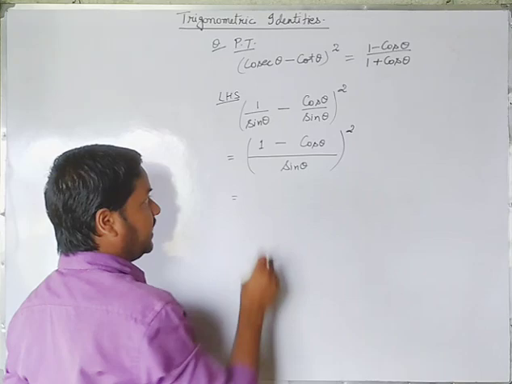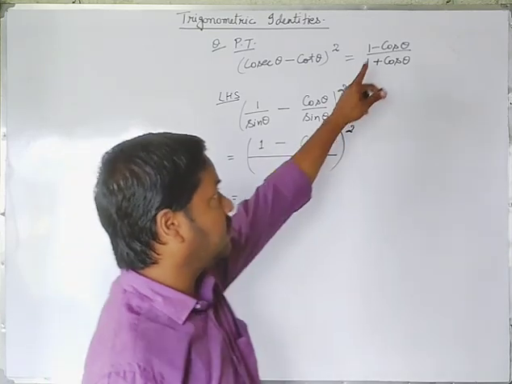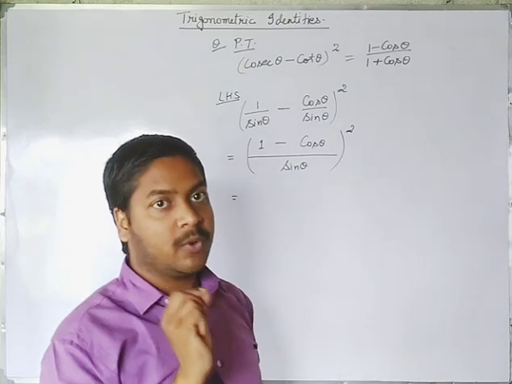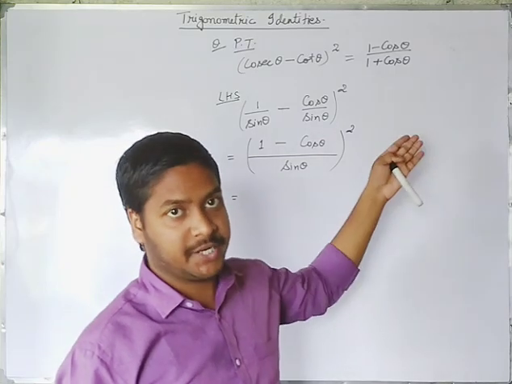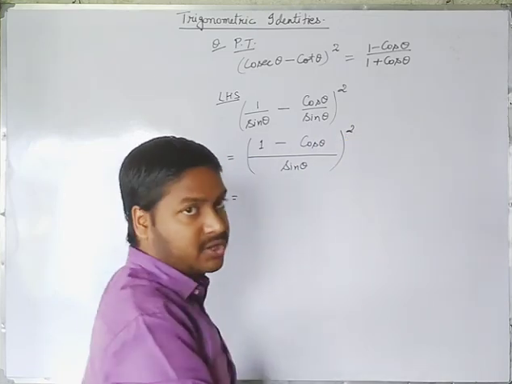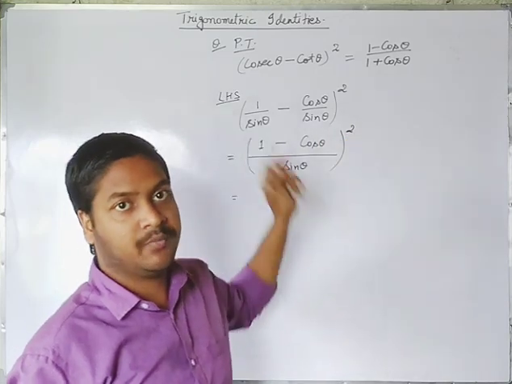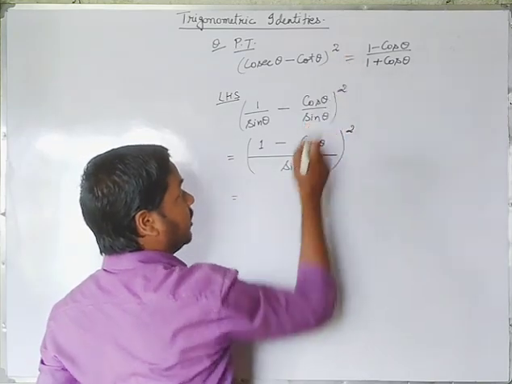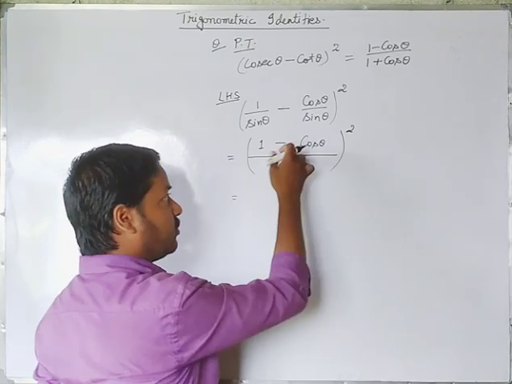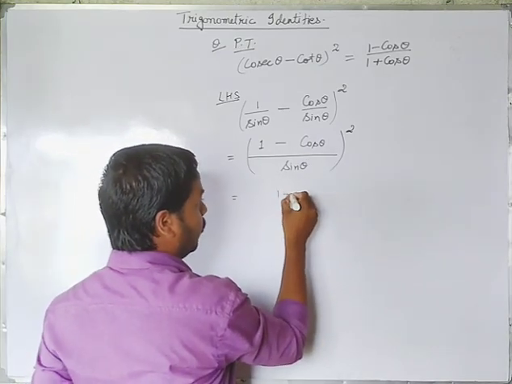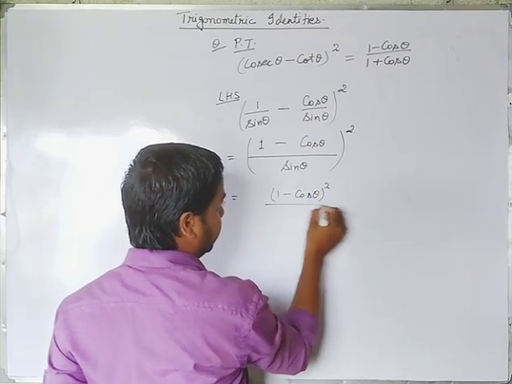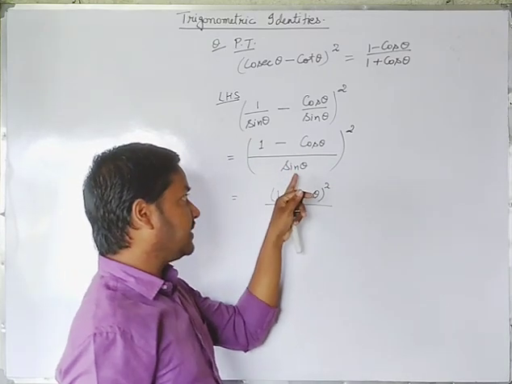Now above we have 1 minus cos theta, which already came in the RHS. While solving, keep one thing in your mind: what you need to get. If you do not keep that in mind, you will proceed further and lag behind. So 1 minus cos theta already came, so we let it be, and only the square part comes with it. 1 minus cos theta whole square in the numerator, and in the denominator sin theta whole square.